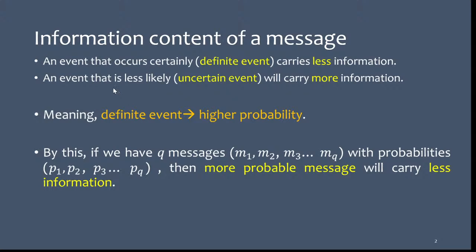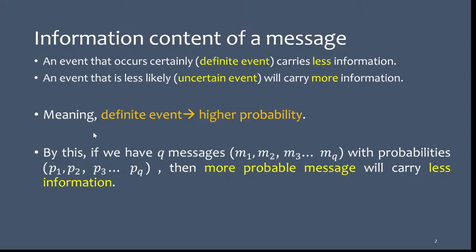An event that is less likely, that is uncertain, will carry more information, so we need to talk more about it. The definite event has the higher probability, maybe the probability is 1, so it will always occur. Such events carry less information.